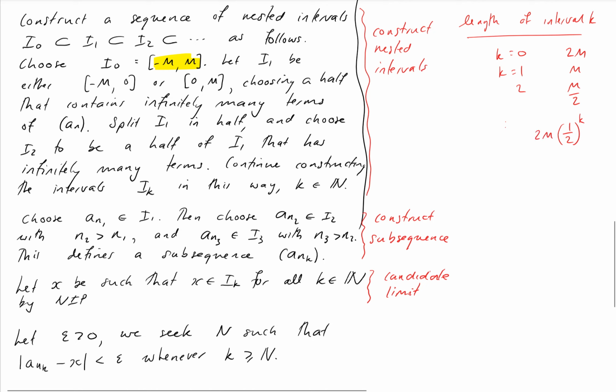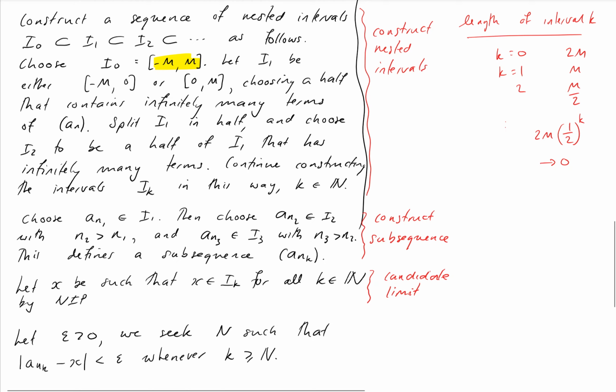Alright, so the length of interval k is actually a sequence itself that converges to 0. We've showed that 1 over n, for example, converges to 0, and 1/2 to the k is definitely a subsequence of that. So this thing converges to 0 as k goes to infinity, which means we can choose our n to make this as small as we like.